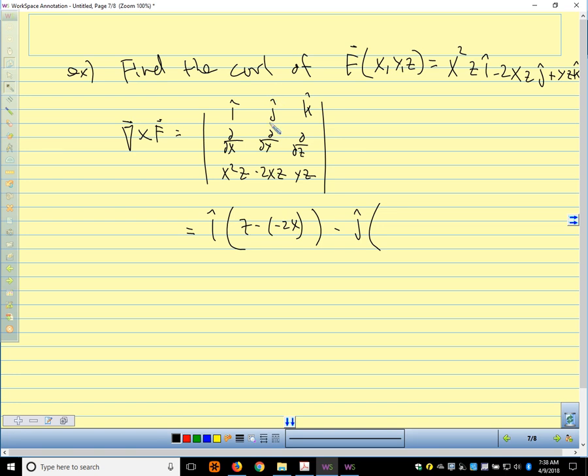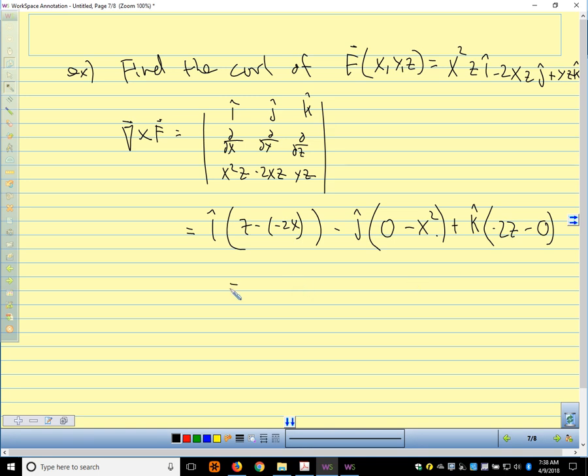Now we're going to cross out this column and this row. So we take the partial with respect to x of yz, 0, minus the partial with respect to z of x squared z, x squared, plus k hat times, we'll cross out this row and this column, partial with respect to x of minus 2xz, minus 2z, minus the partial with respect to y of x squared z, 0.